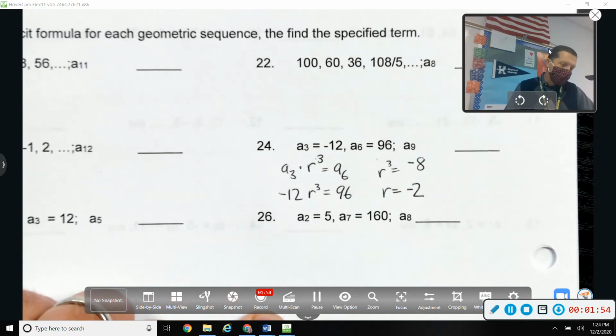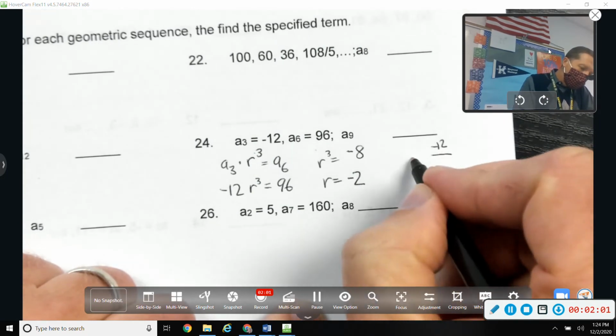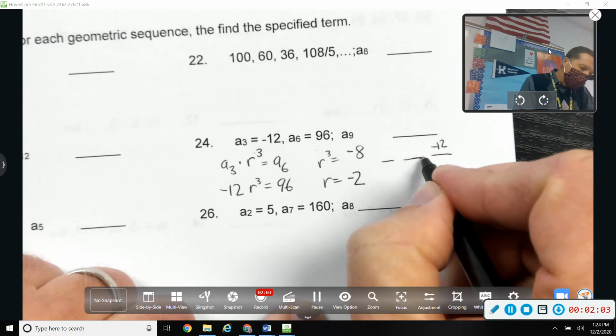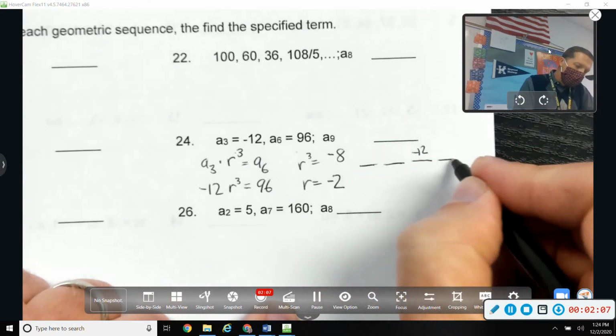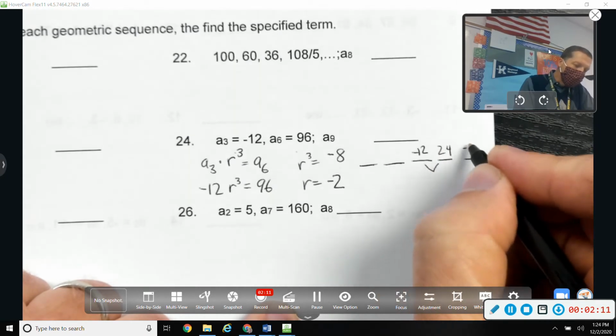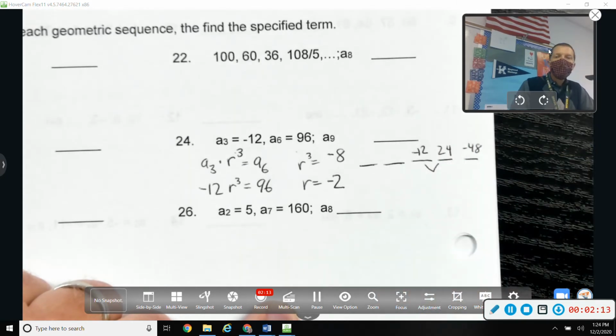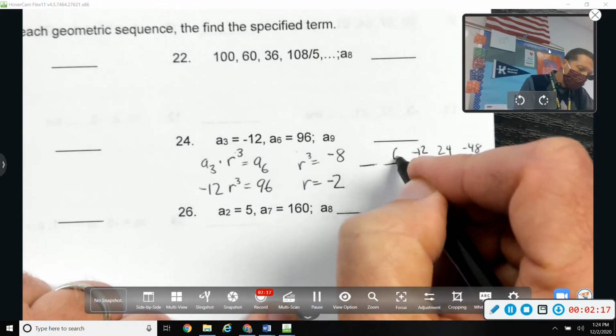But I also need to know what A1 is. Again, sometimes drawing out the blanks helps. So if I'm multiplying each time by negative 2 moving forward, moving backwards I'll divide by negative 2. So that would get me to 6.